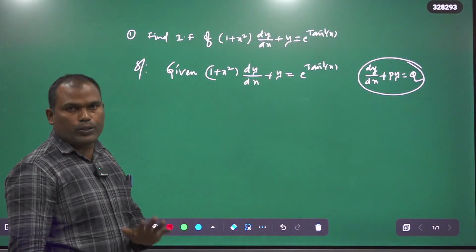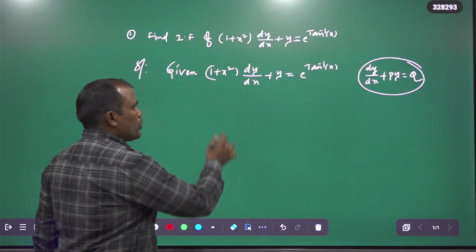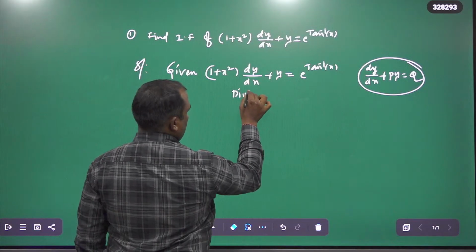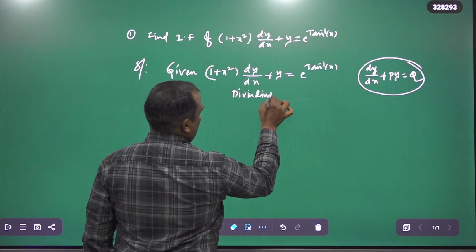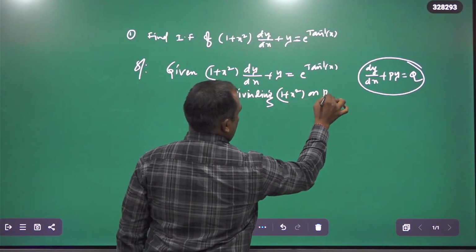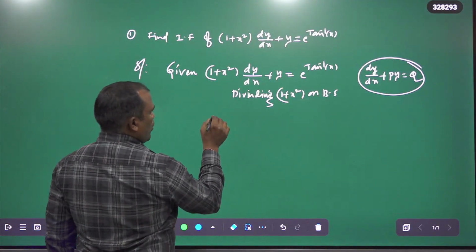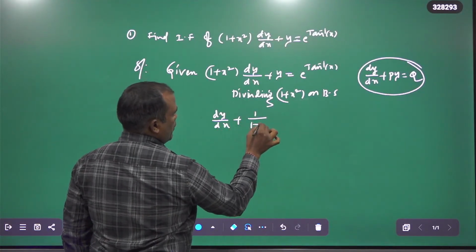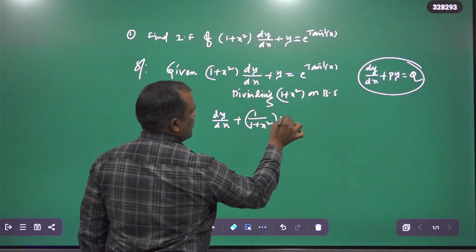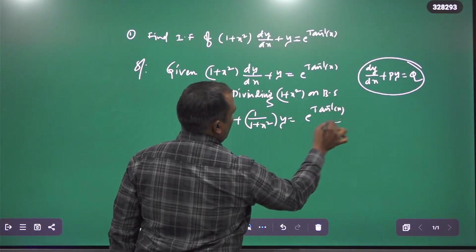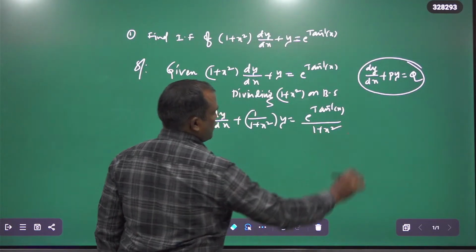So we don't want 1 plus x square. So, dividing by 1 plus x square on both sides, now dy by dx plus 1 by 1 plus x square into y equal to e to the power of tan inverse of x by 1 plus x square.